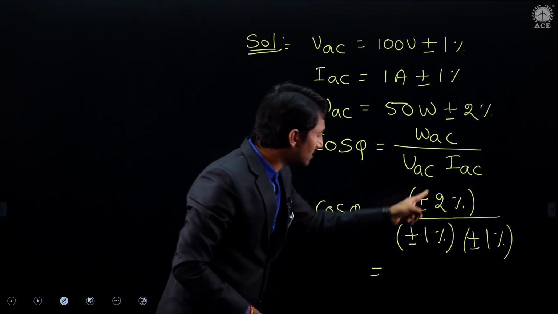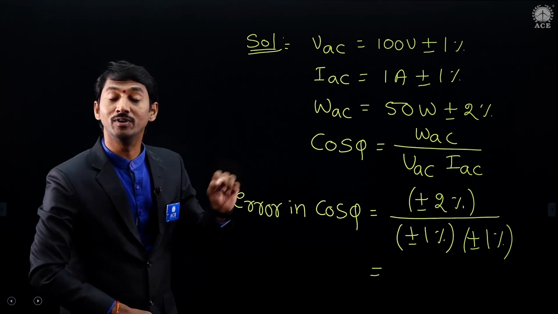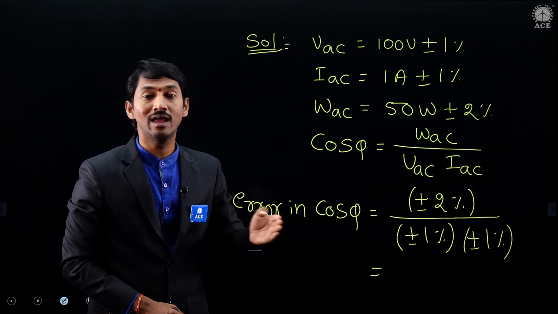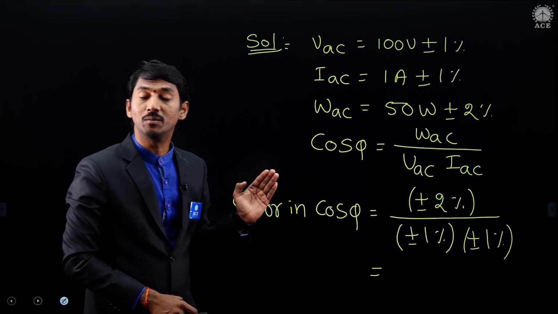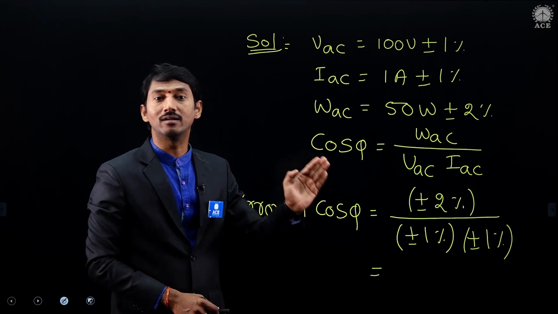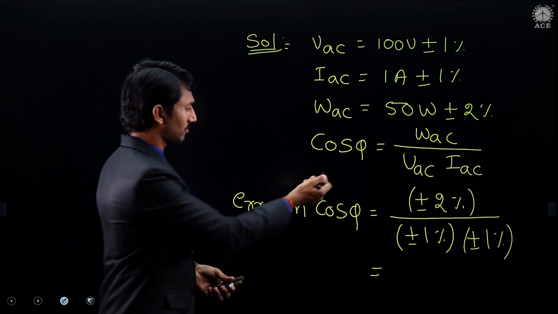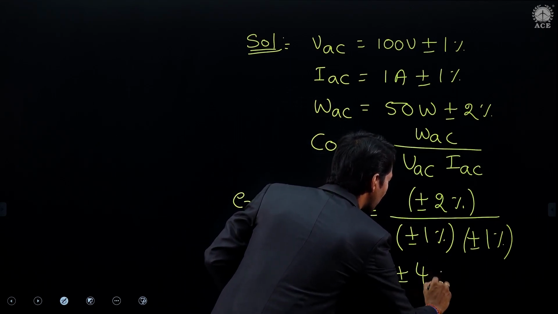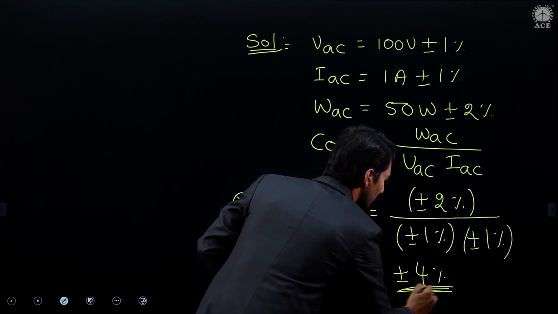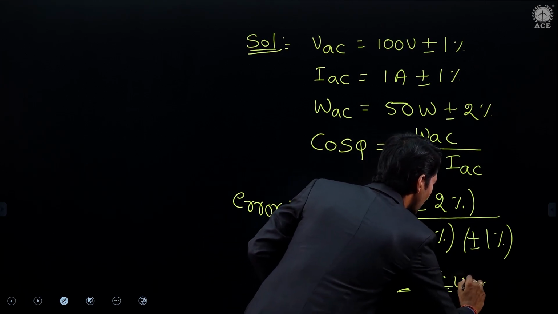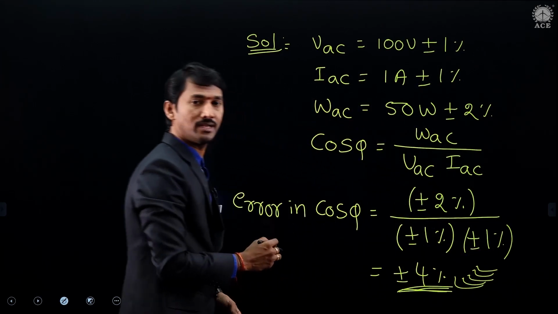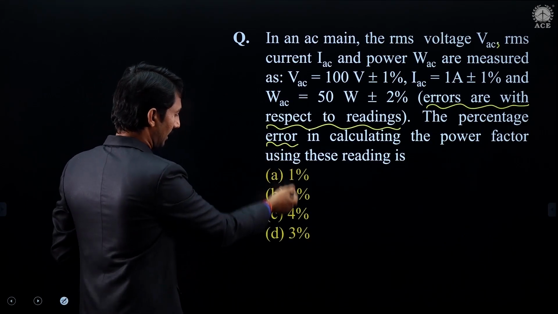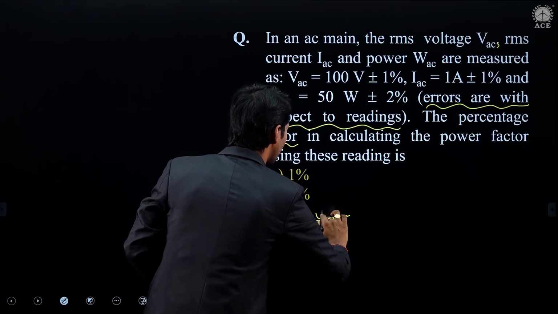Note that percentage limiting errors are added when multiplication or division is performed. Simply by adding these, we get plus or minus 4%. So this is the final answer. Let us see the options. Directly, the third option is given.